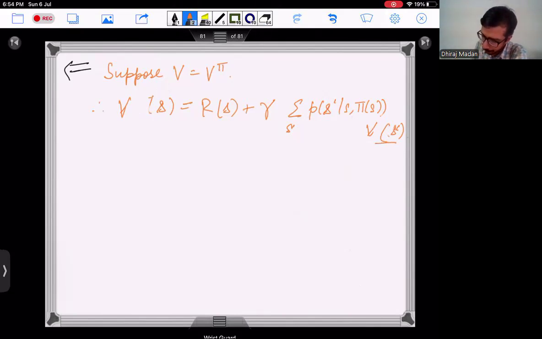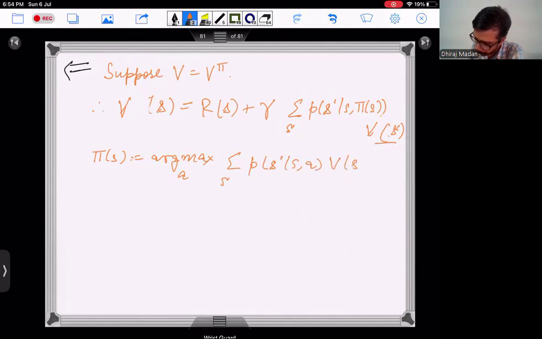And now pi S by definition is argmax over A of sum over S prime P of S prime given S A, V of S prime. So pi S is the one which maximizes this quantity. So instead of pi S, we can write a max over A, because pi S is the one maximizing this expression.